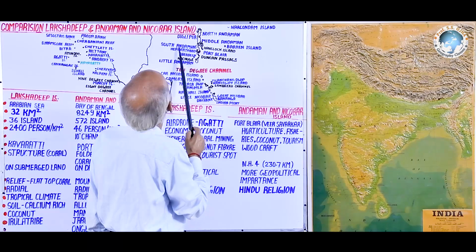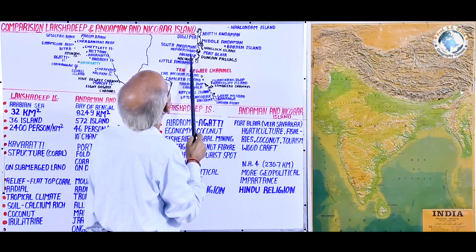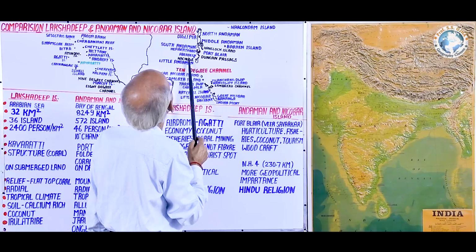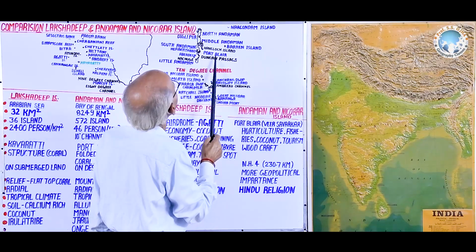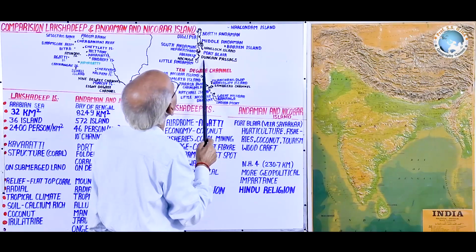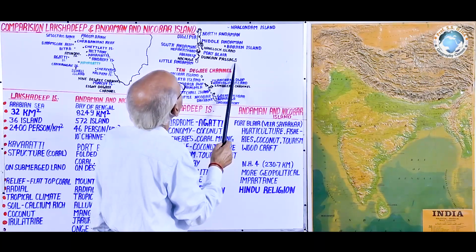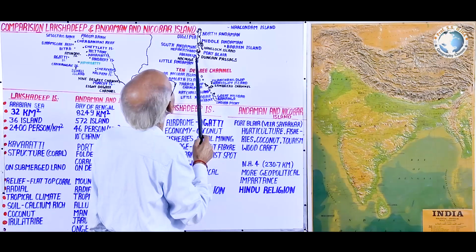To the south of South Andaman is the Harbertabad place, and to its south is Abreli Island, and to the south of Port Blair is located the Duncan Passage, in which water flows from east to west.